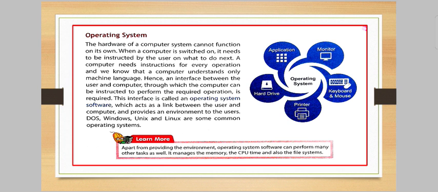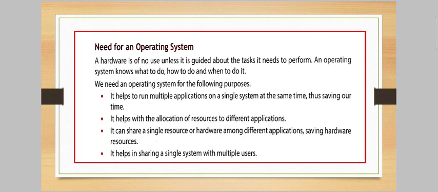Next is need for an operating system. A hardware is of no use unless it is guided about the tasks it needs to perform, and operating system knows what to do, how to do and when to do. Okay, we need an operating system for the following purpose: it helps to run multiple application on a single system at the same time, saving our time.